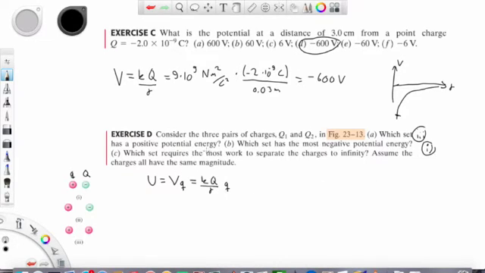And which set requires the most work to separate charges to infinity? The answer is also in this case the first one, because the first pair, its potential energy is deepest down. So if, let's mark it here, the first pair would be somewhere here, and the second pair would be somewhere here, and the third pair would be on the other curve.